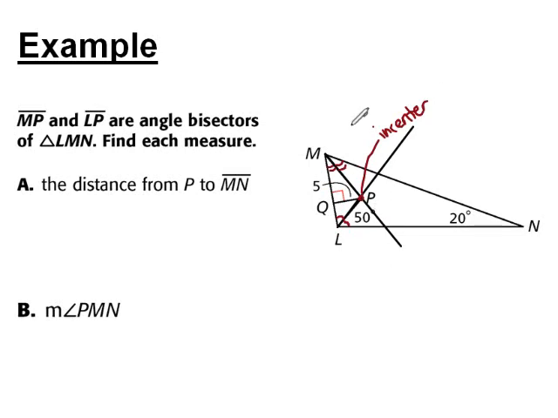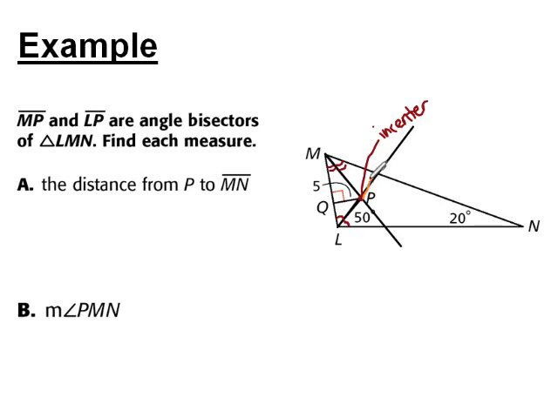Now, if you remember the theorem that we just discussed, it said that if you drew a line perpendicular from the incenter to the side, then that distance would be congruent to the other distances. So for example, A, the distance from P to MN. If I want to draw a line from P to MN that's perpendicular, that line's going to be about right here.